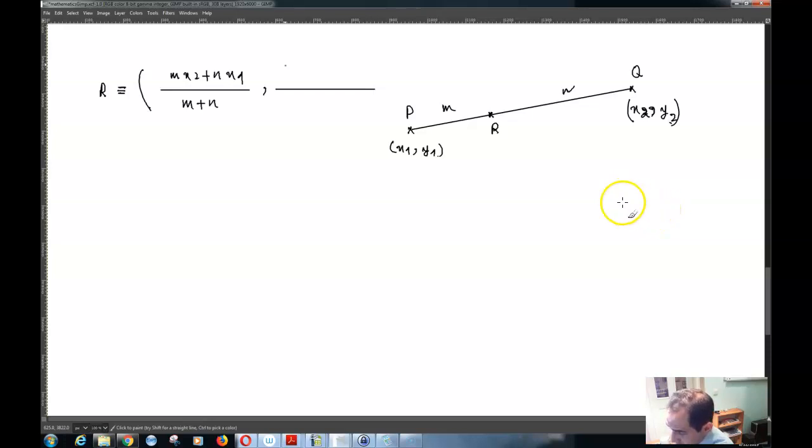And this theorem says that if DE is parallel to BC, then AD to DB is equal to AE to EC. That's what this theorem states.